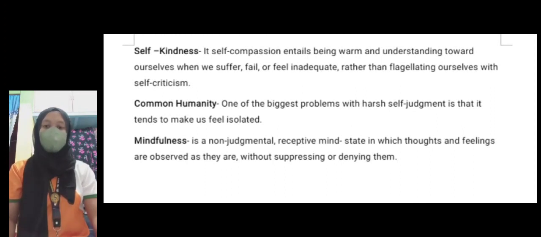Common humanity. One of the biggest problems with harsh self-judgments is that it tends to make us feel isolated. Mindfulness is a non-judgmental receptive mindset in which thoughts and feelings are observed as they are, without suppressing or denying them.